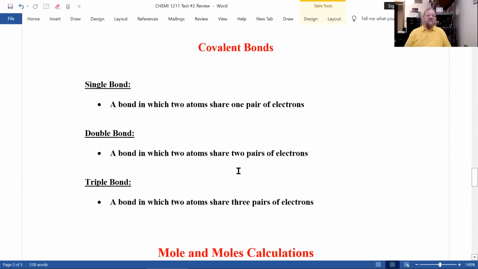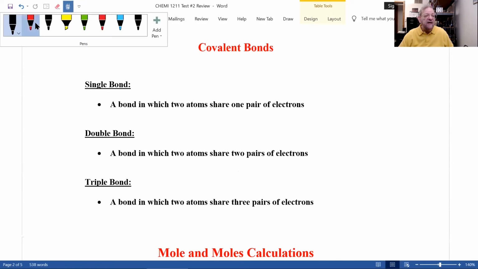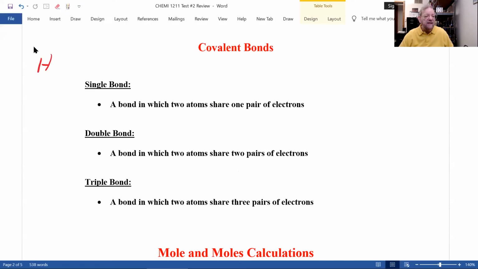Now, when it comes to covalent bonds, know this. There are 3 types of covalent bond.